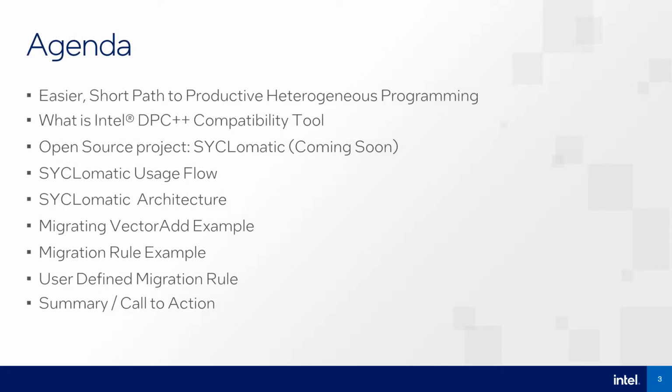Here's today's agenda. First, I will introduce why we need a code migration tool. What is Intel DPC++ Compatibility Tool and the open source SYCL project? Then I will introduce the usage flow of SYCL and the architecture of SYCL.